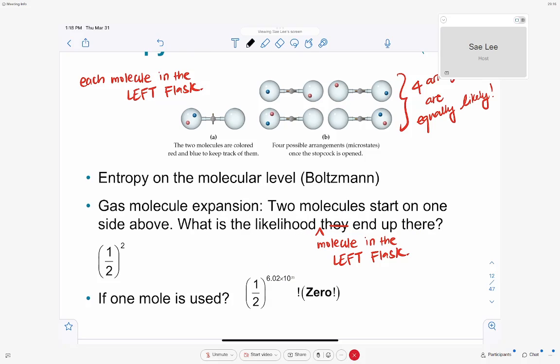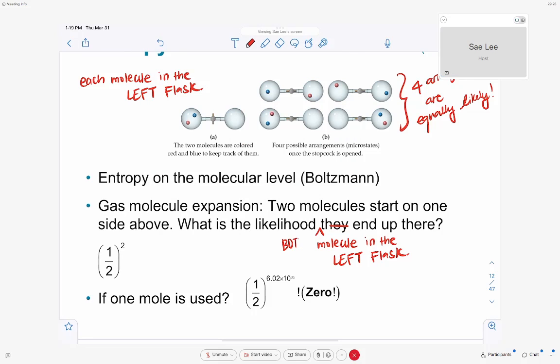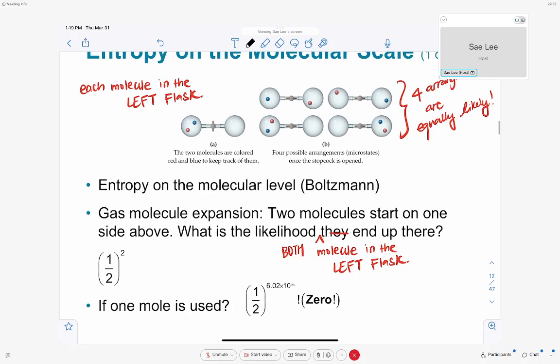This is going to be both. So the probability of each molecule being on the left side is going to be 2 out of 4, which is 1 over 2.